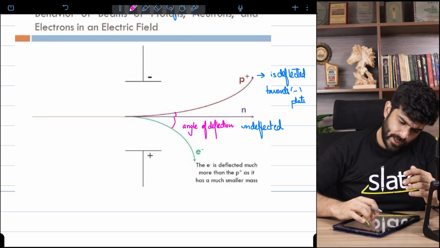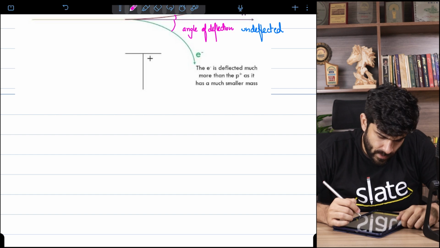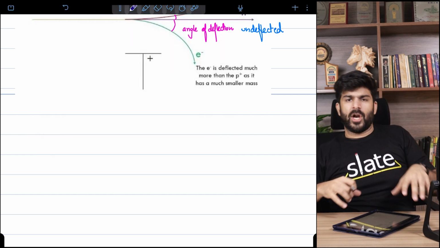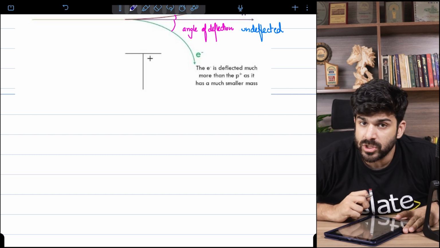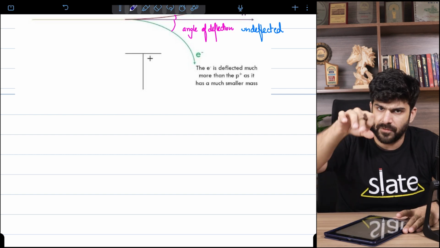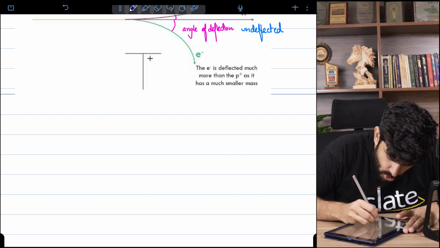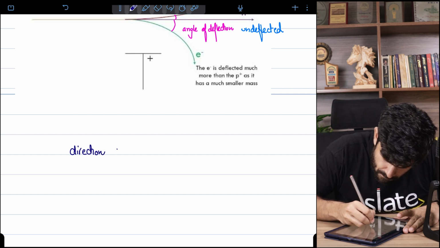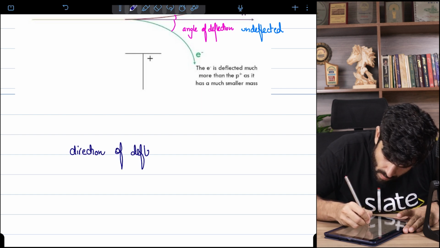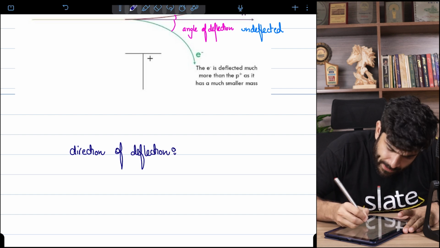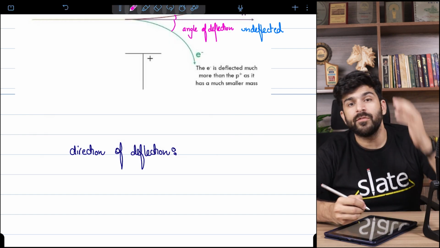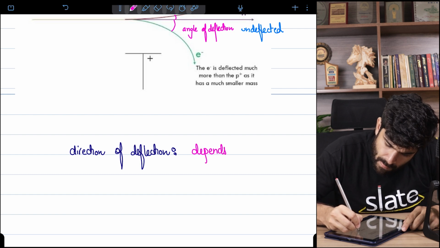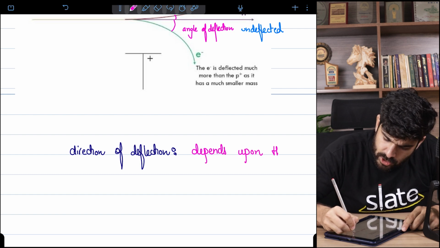So what do we understand here? I will briefly write two major concepts that we've studied because that is how they ask the questions in the exam, and we will discuss a few questions right now. So, the direction of deflection: what is it dependent upon? The direction of deflection depends upon the charge.